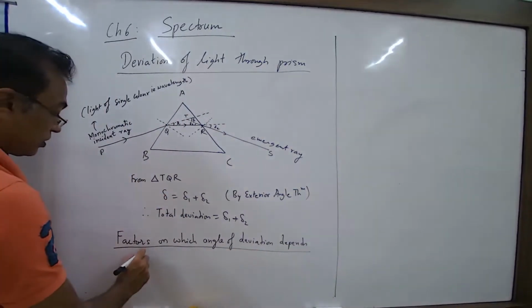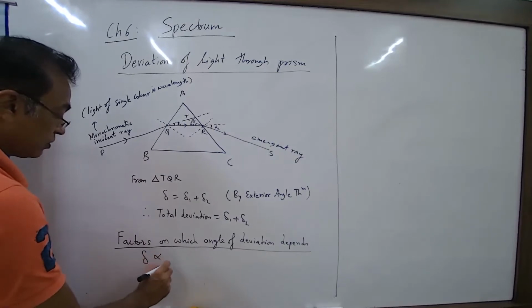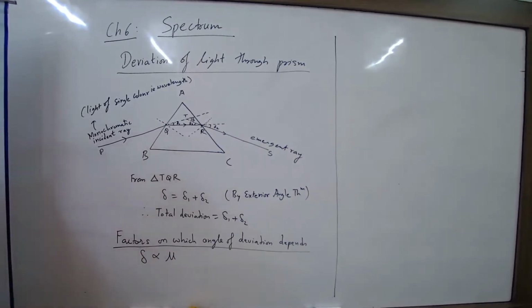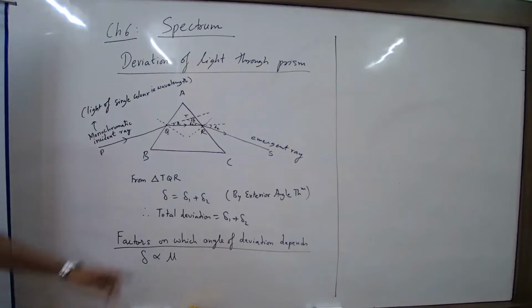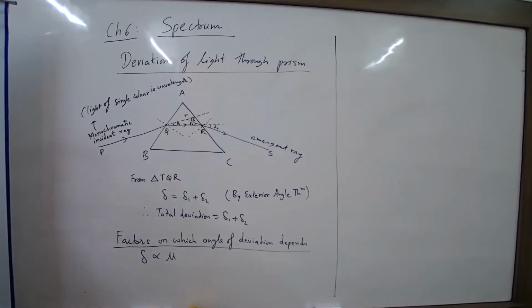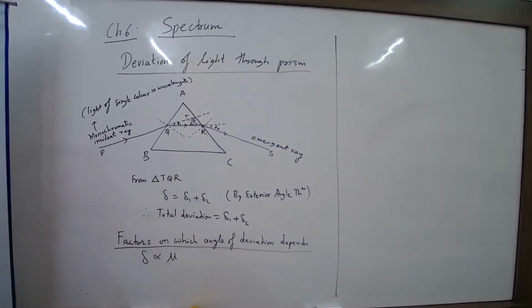So what does it depend on? Angle of deviation depends on refractive index, right? But is refractive index changing? It is the same glass, right? It will depend on wavelength.